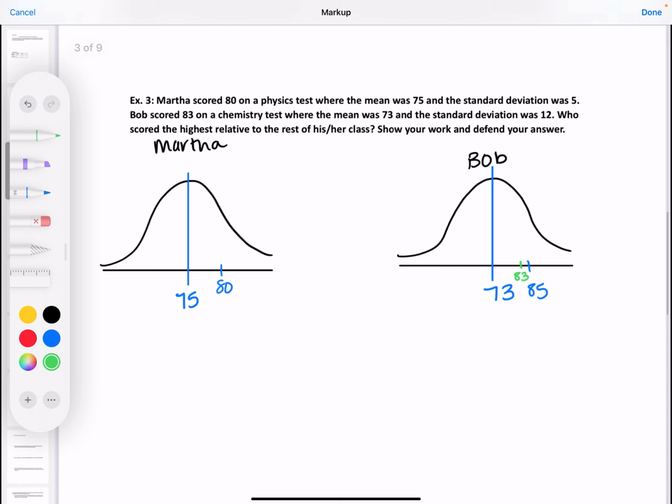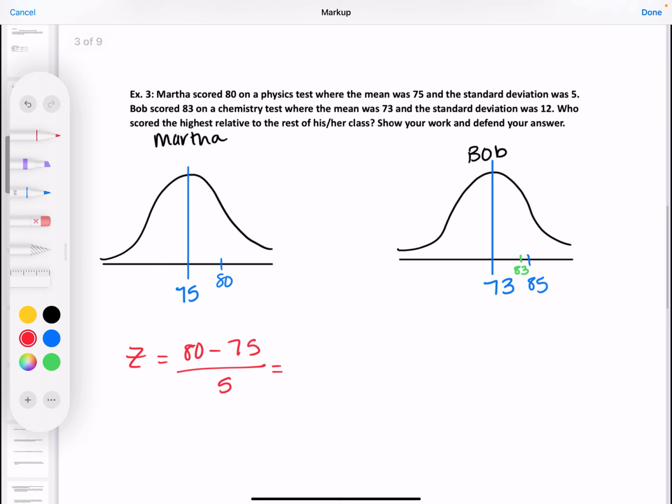Okay, so just from the picture you can probably see who did better, but to see it mathematically, what would my z-score for Martha be? Yep. And that's just going to be one standard deviation.